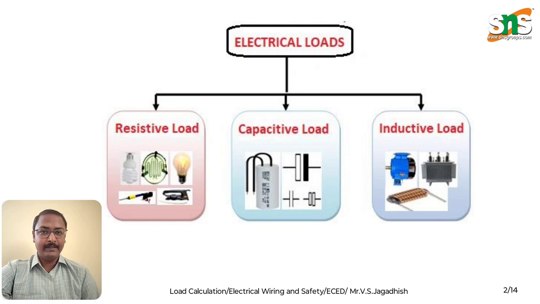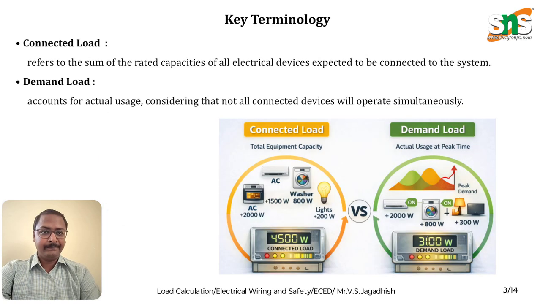For example, the working of a motor involves Fleming's left hand rule, where a coil is rotated in a magnetic field to produce mechanical force or energy. When power is utilized for this kind of load, we call it an inductive load. So broadly we have three classifications: resistive load, capacitive load and inductive load. This is the basic classification of electrical loads.